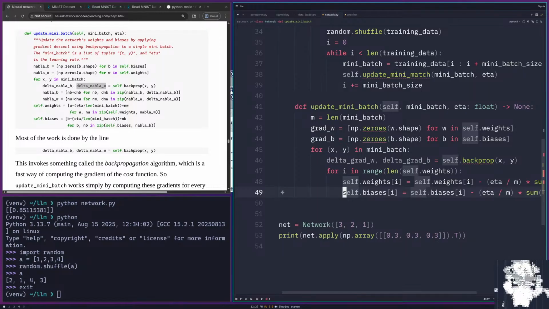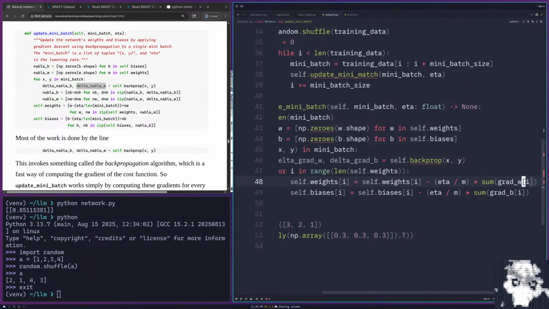So this is my version of it, although I'm doing some of grad of w here. In this version, it's not a sum because I'm doing it inside the loop.